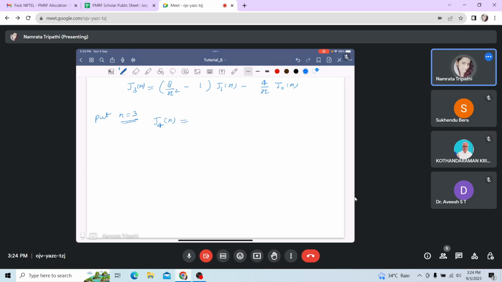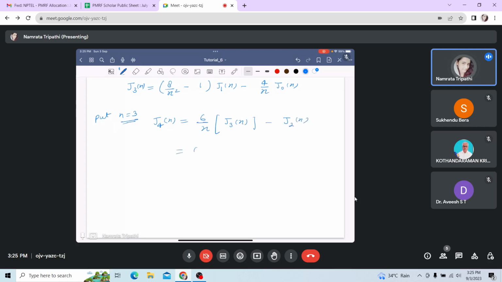For example, in case of Z4 you will get 6 by x, and here you can substitute Z3, minus Z2. What is the recurrence relation, Zn minus 1? So n is 3, so here 2.